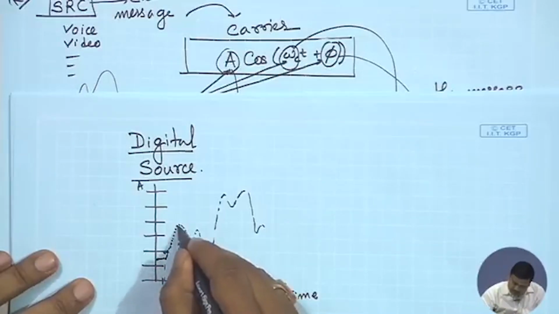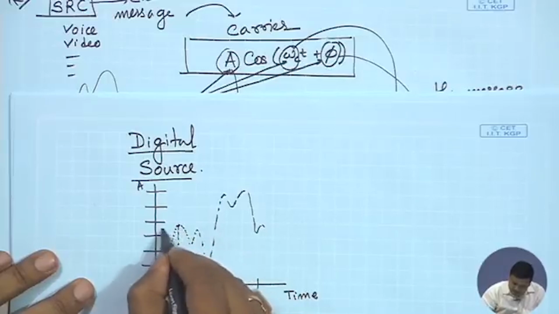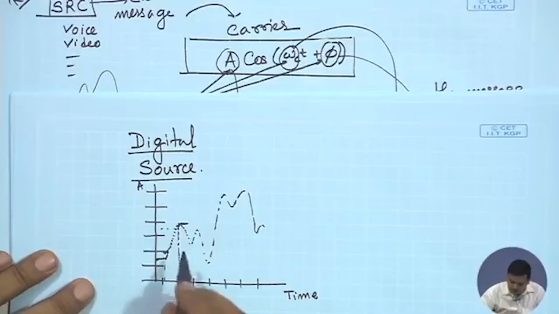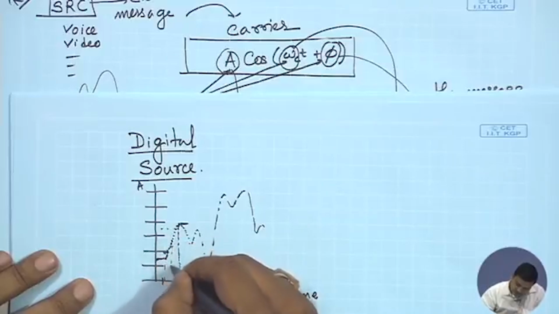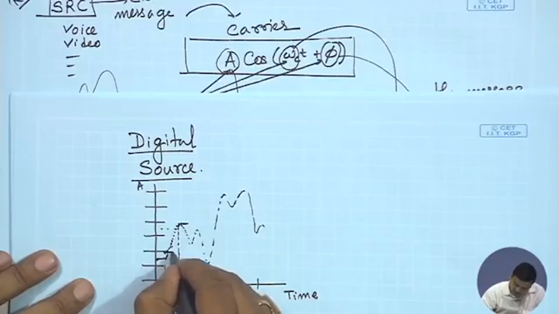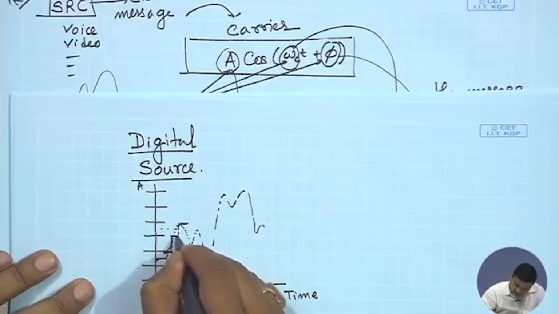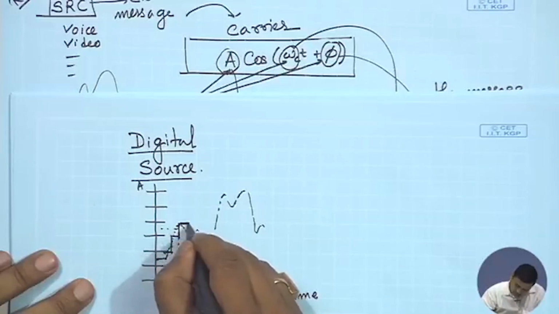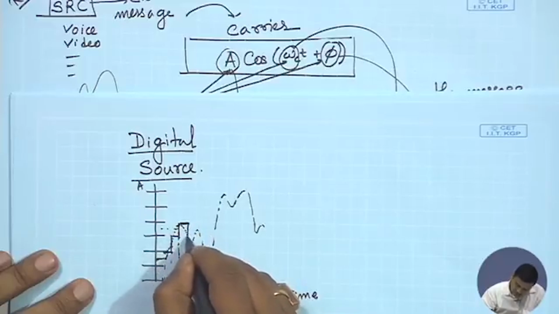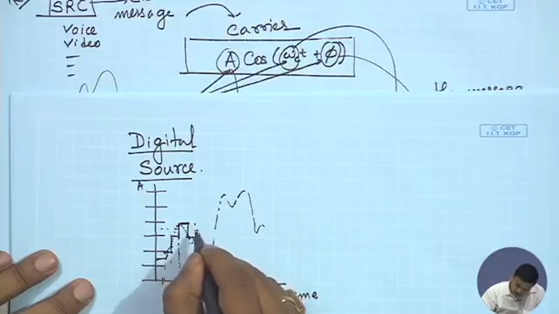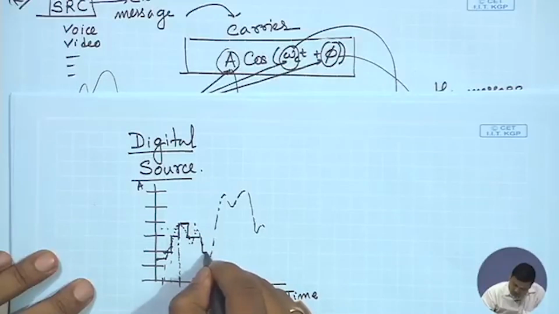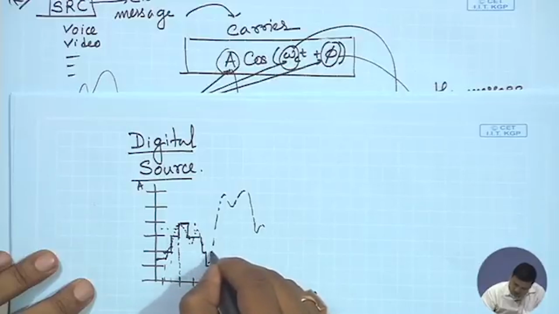At this instant, since it is above this threshold, I would choose here. So roughly speaking, if I were to sample here, I would get a better resolution picture. I could say that I have a message which is almost like the one that I have drawn.